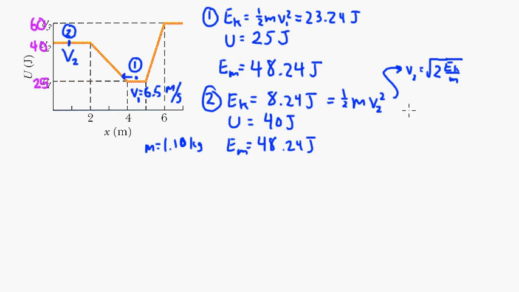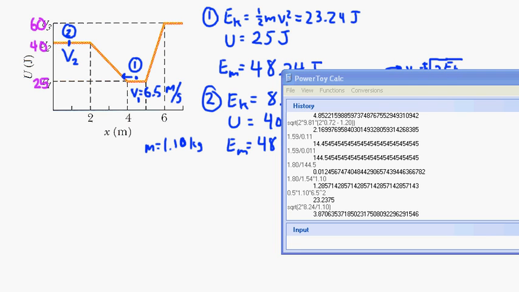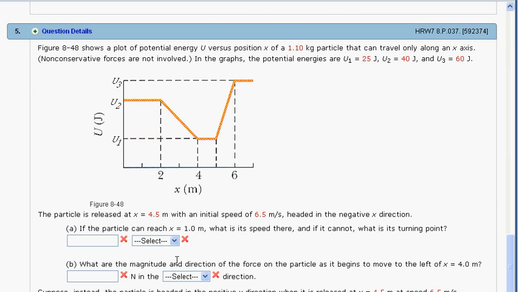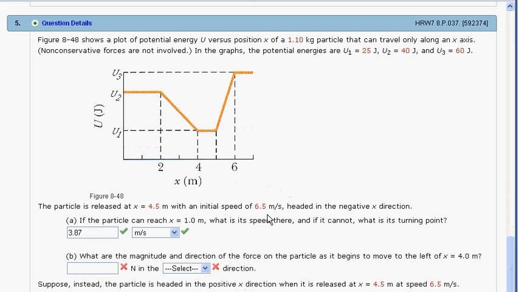Actually, what this tells us is v2 equals plus or minus 3.87 meters per second. The fact that we don't know what direction it's going doesn't actually bother us, because all they ask us for is its speed. So 3.87 meters per second. So let's go ahead and submit that. And boom, got it right.